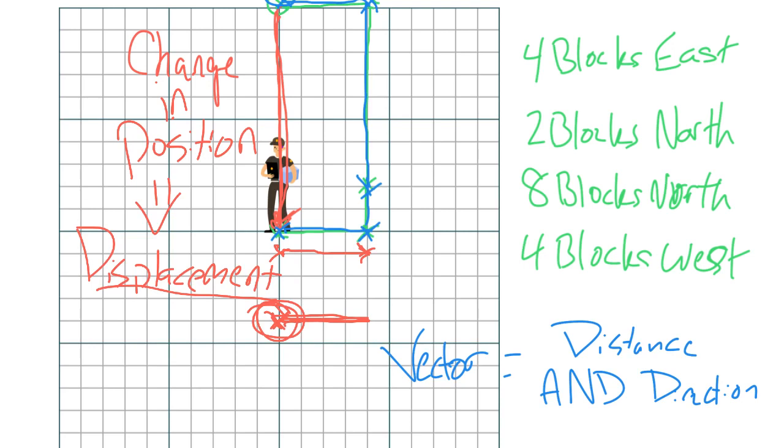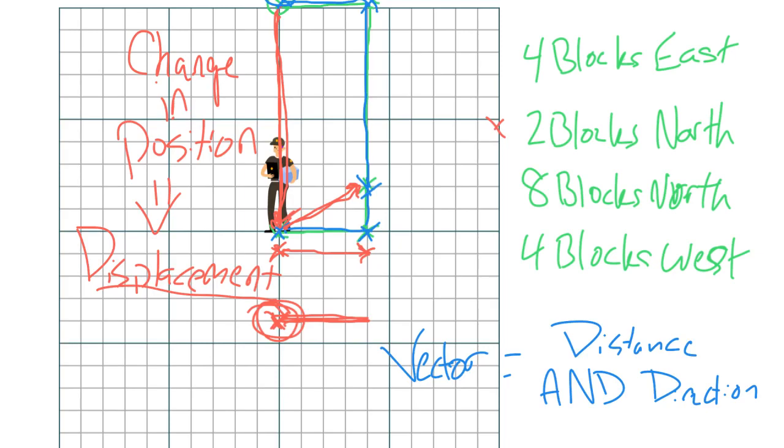Their displacement from their first stop to their second stop was 2 blocks north. But their displacement from their starting point to their second stop right here was not 6 blocks, the distance that they traveled. It was less than that. It's this direct path.